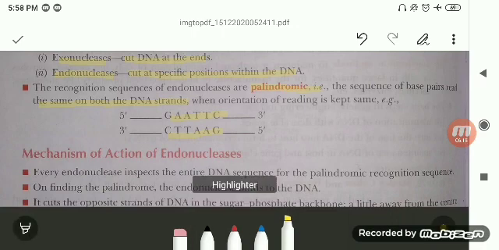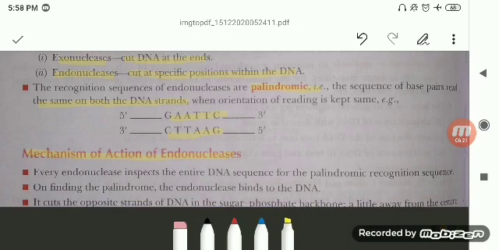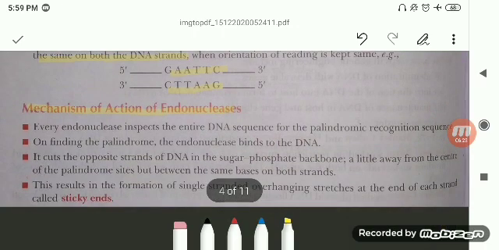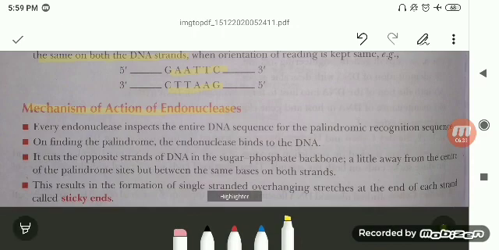Now, the mechanism of action of an endonuclease, or restriction enzyme. Every endonuclease inspects the entire DNA sequence for a palindromic recognition sequence. First it has to find the recognition sequence of 6 base pairs which is palindromic.